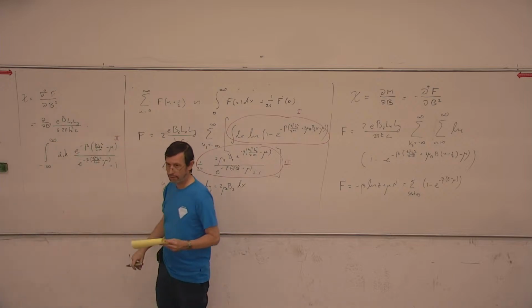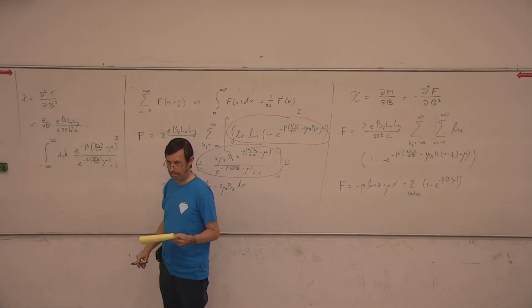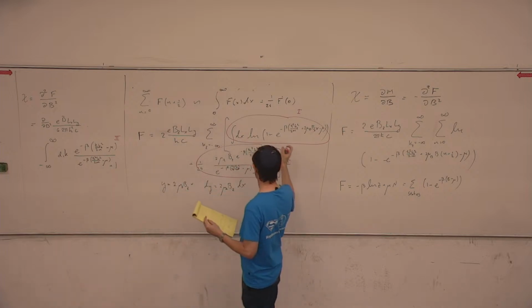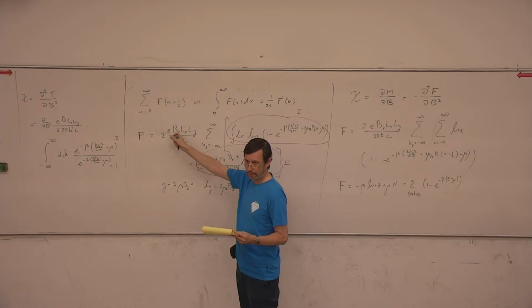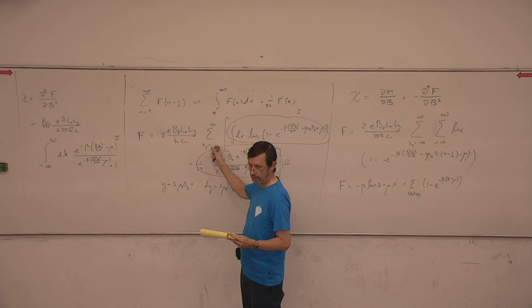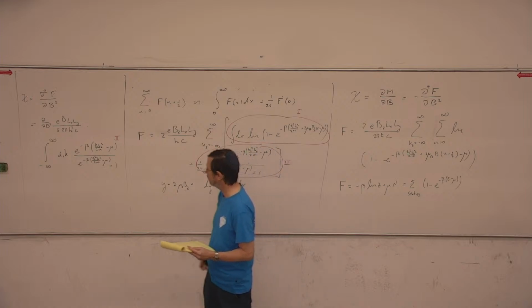This is what I get from term 2, right? It's not dropping off. It has a b from here, and I'm changing the summation over kz to an integration.